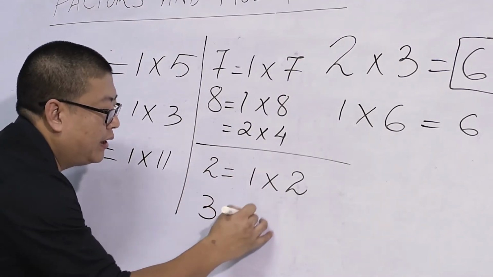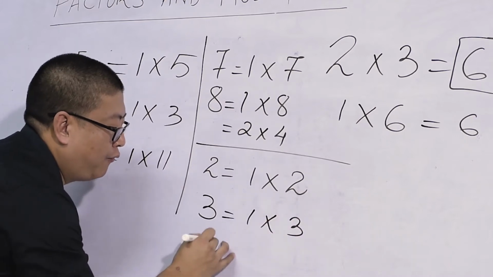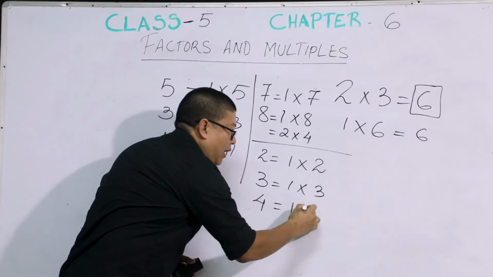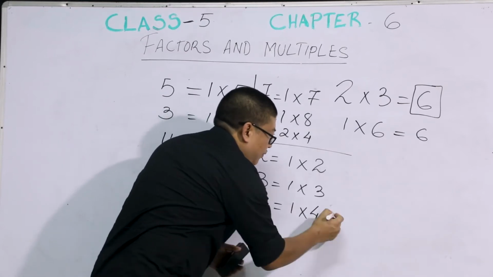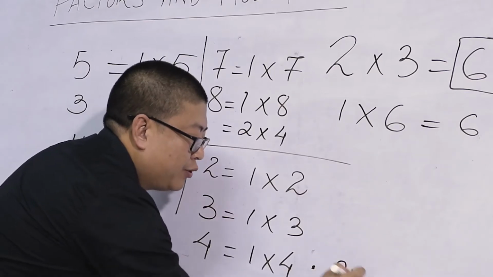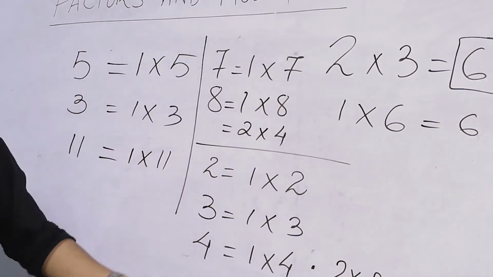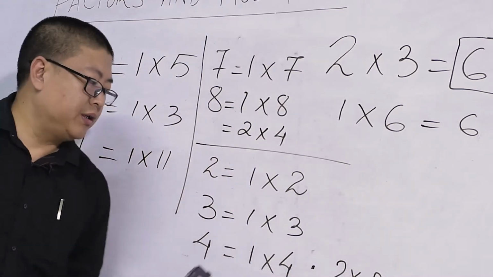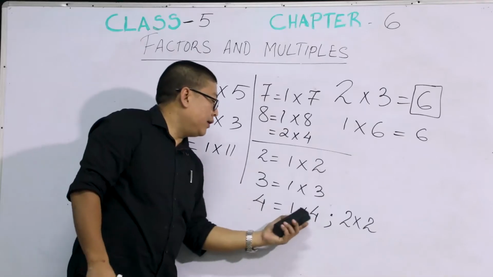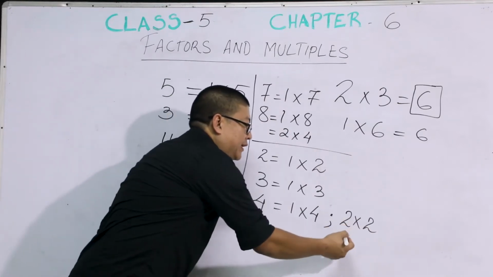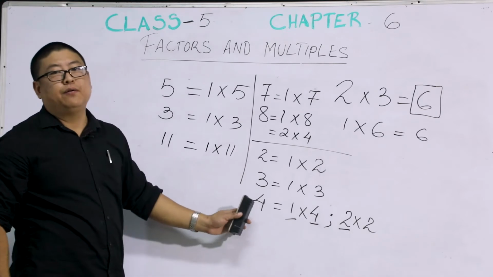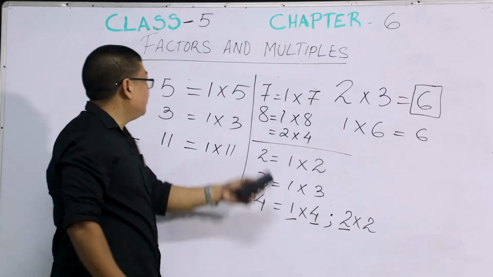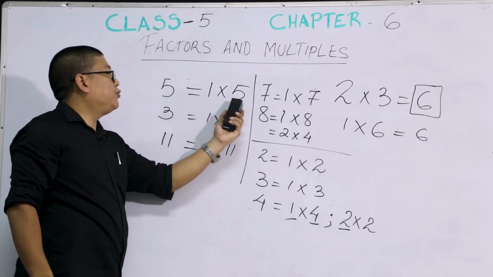Similarly for 3, 1 into 3. 4. I have 1 into 4, and at the same time I can use 2 into 2. 1 into 4 is 4, 2 into 2 is 4. I have 1, 2, since 2 is repeating, I can take only 1, 2. I have 3 factors of 4, right? Similarly for 5, only 2 factors.